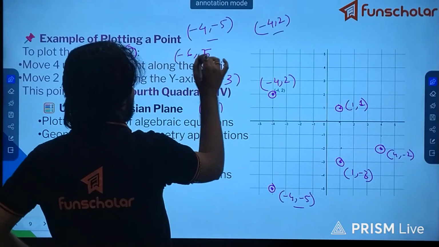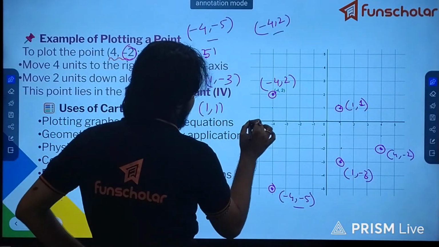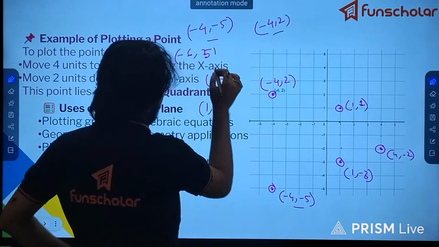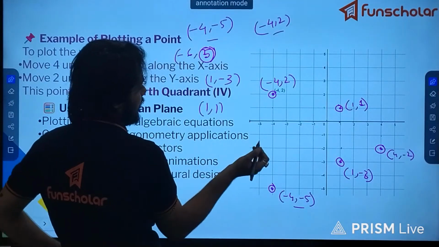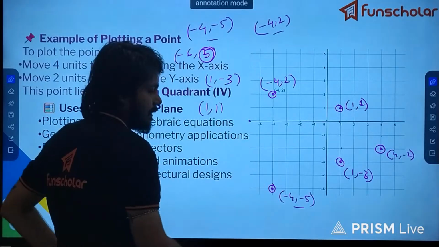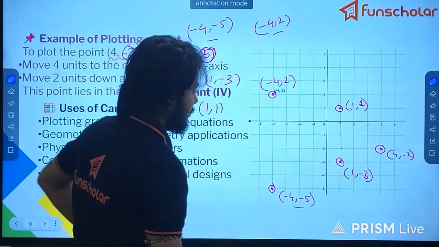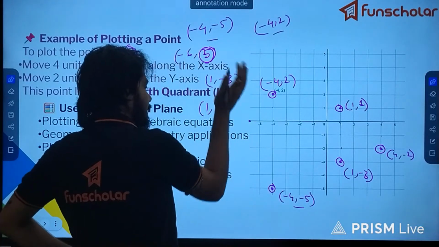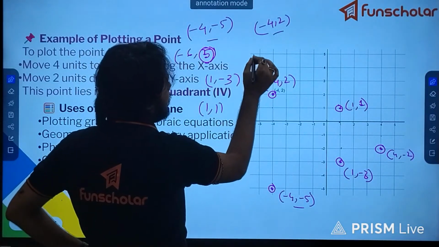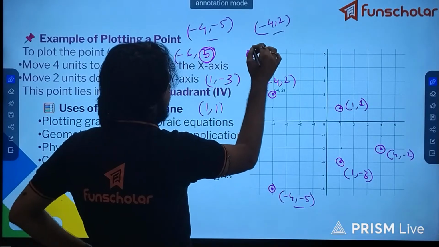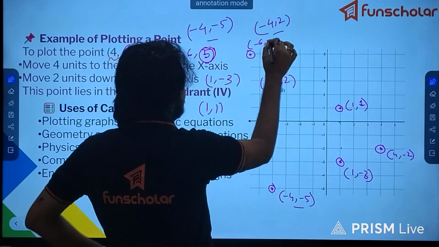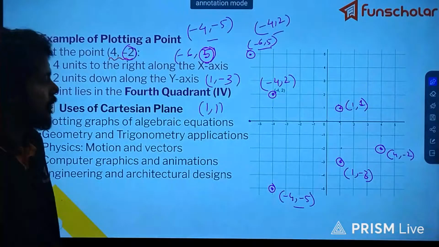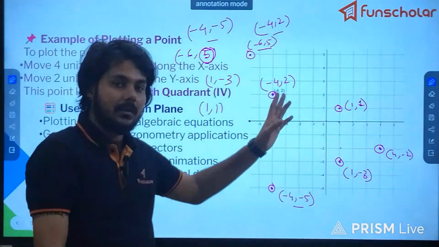This 5 is positive, that means go in the upward direction. Minus means left side, next one is positive, that means upper side. This point is minus 6 comma 5. Okay, I hope you have understood what I have said.